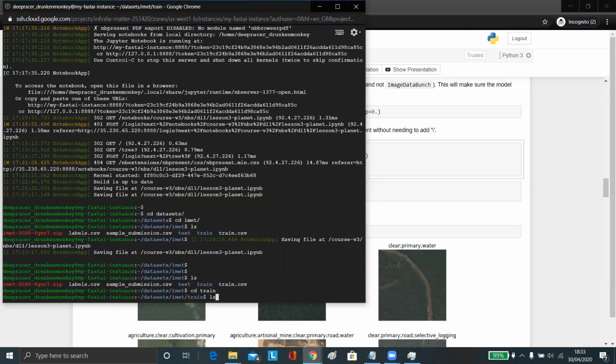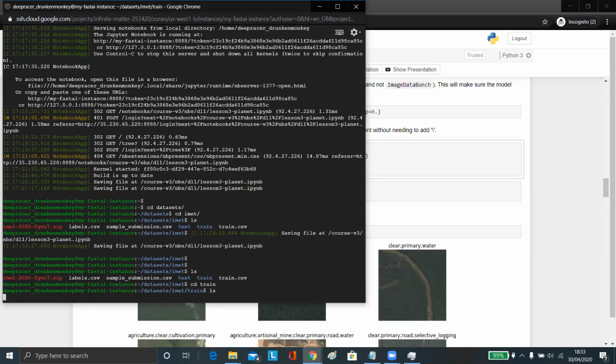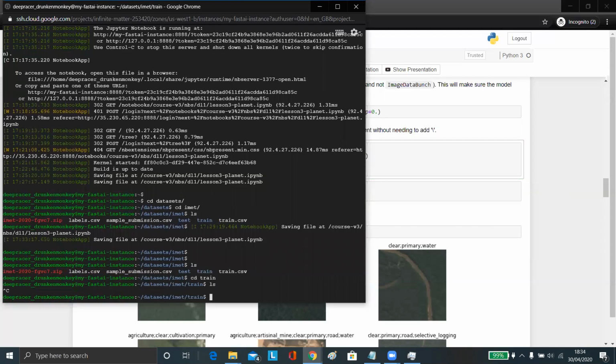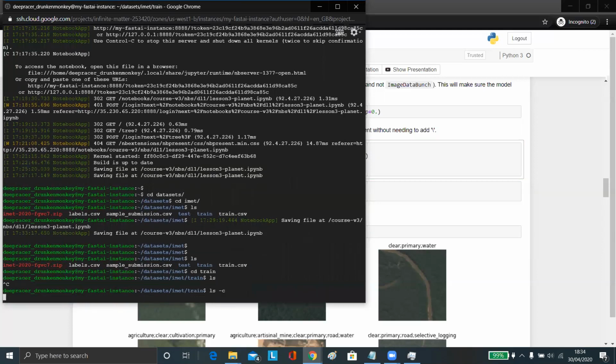This will put screeds in for that. Yeah, there's lots in there because it's having a think. Let's not do that. ls minus c, does that just give you a count?